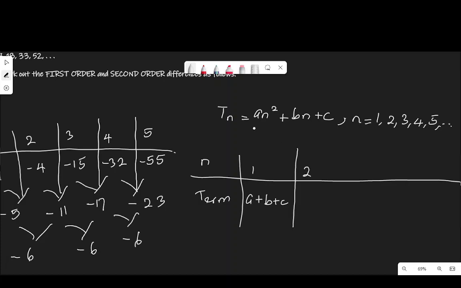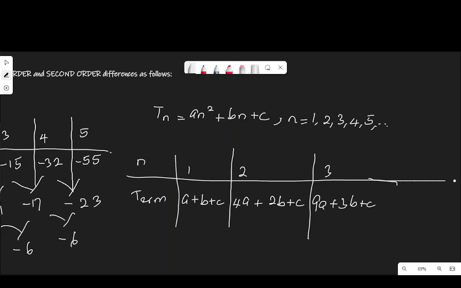When n is 2, 2 squared is 4, so I'll have 4a plus 2b plus c. When n is 3, 3 squared is 9, so 9a plus 3b plus c.